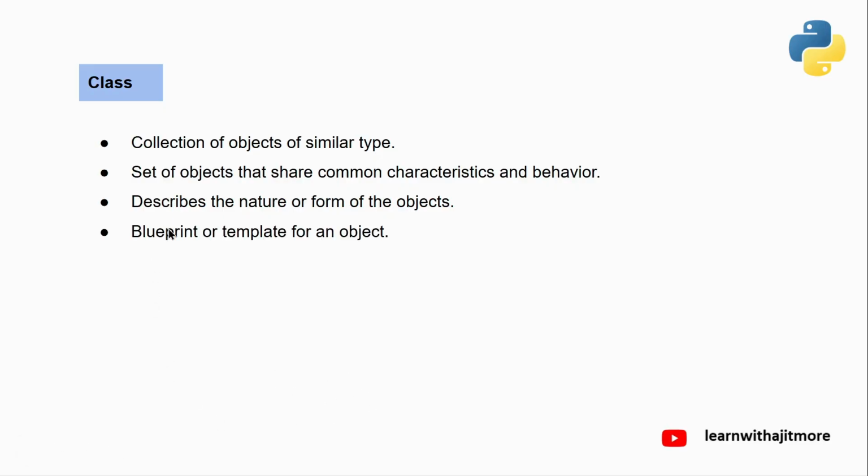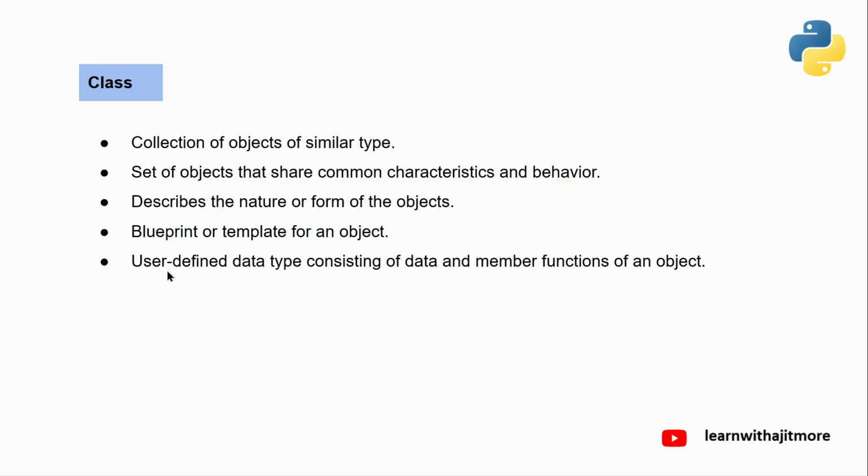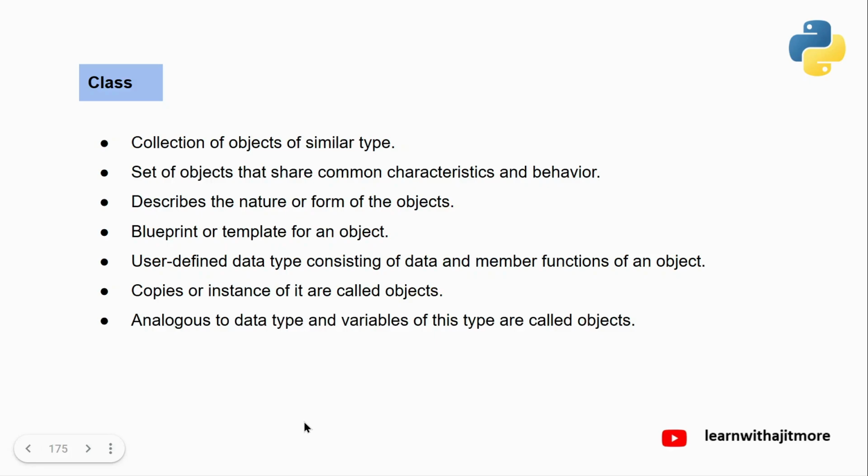So class is like a blueprint, a template, a design. And if you relate it with a programming language, then you can call class a user-defined data type in which there will be data and methods. The copies of that user-defined data type, the variables of these data types, are called objects. We call them instances.